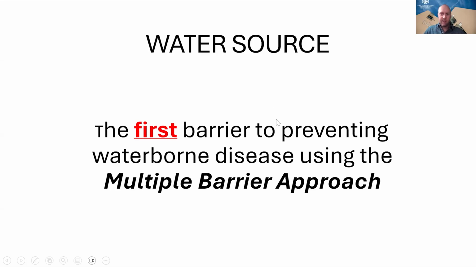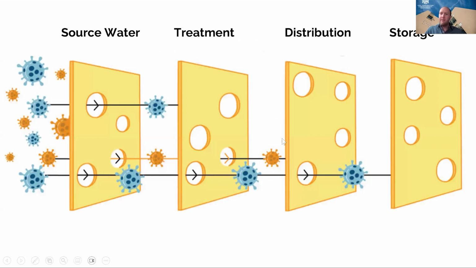This basic concept, you can think of as Swiss cheese. There are all these little slices of cheese that have holes in them, and these holes represent the pathways for contamination.